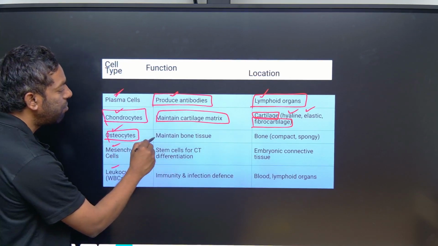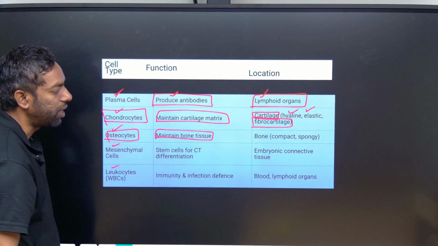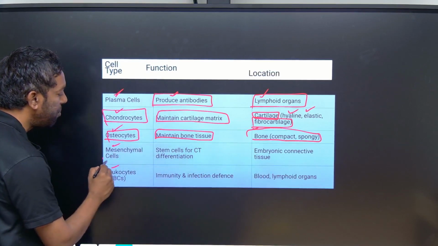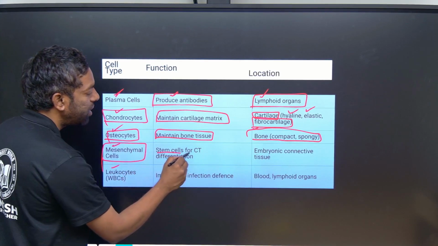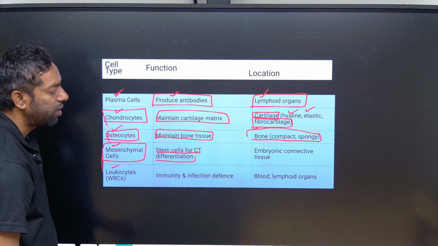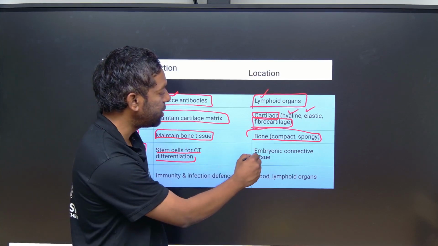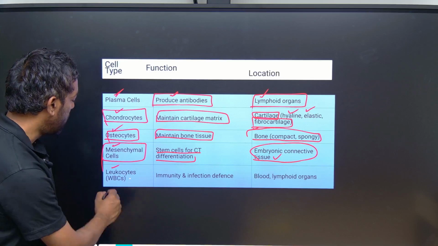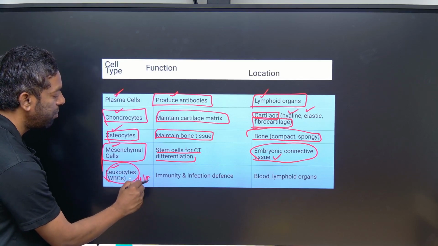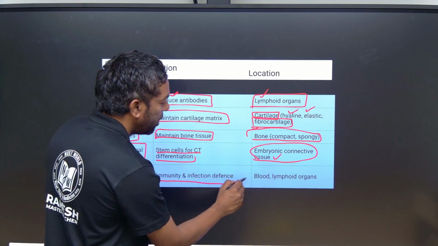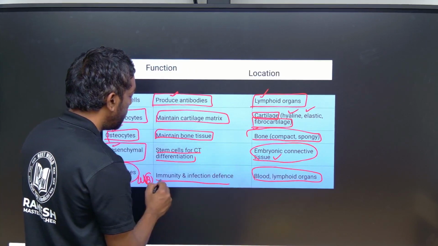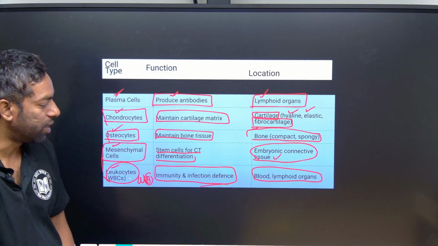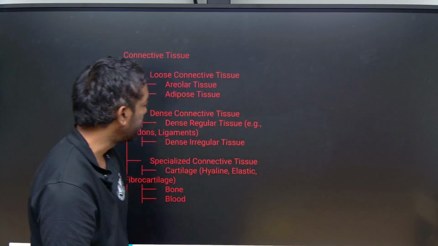Osteocytes maintain bone tissue, located in the bone, compact bone. Mesenchymal cells are stem cells for differentiation of connective tissue, located in embryonic connective tissue. Leukocytes, WBC, are located in the lymph and blood, and their function is defense and immunity.